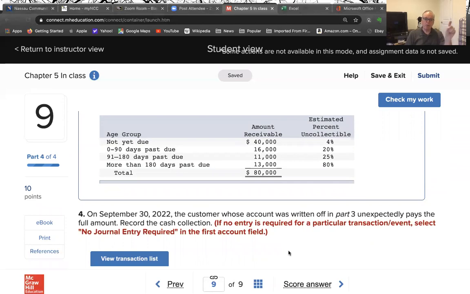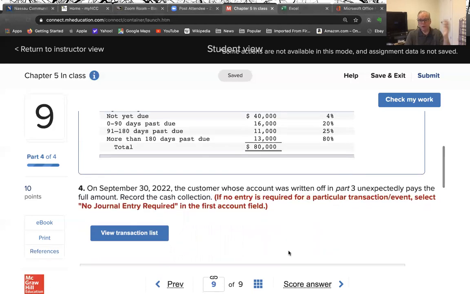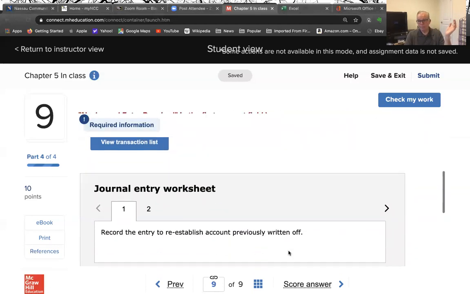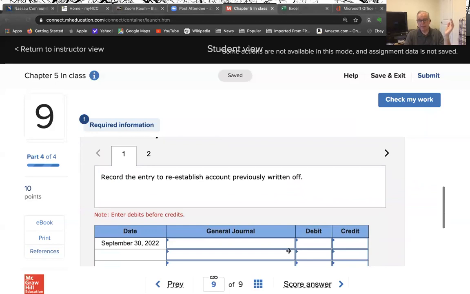The account that you wrote off, all of a sudden out of nowhere pays. Well, I guess if they paid, you shouldn't have written them off. If they paid, you should not have written them off.